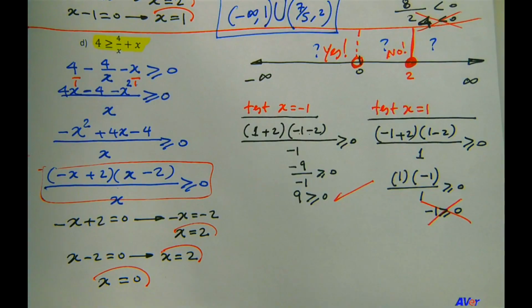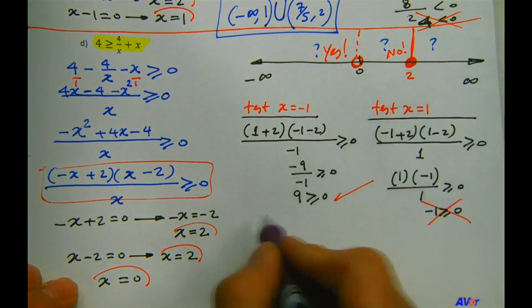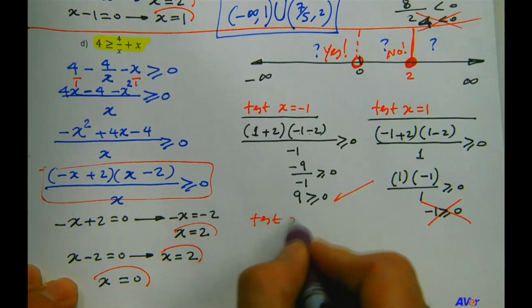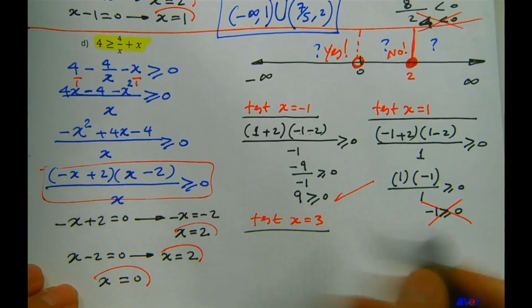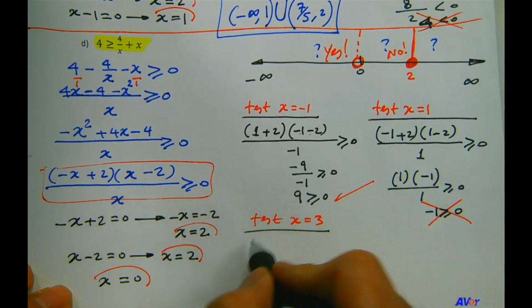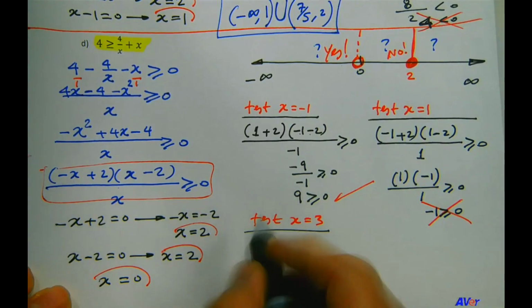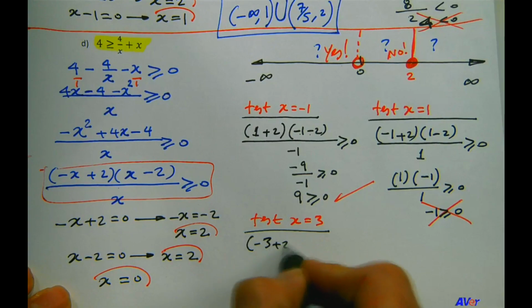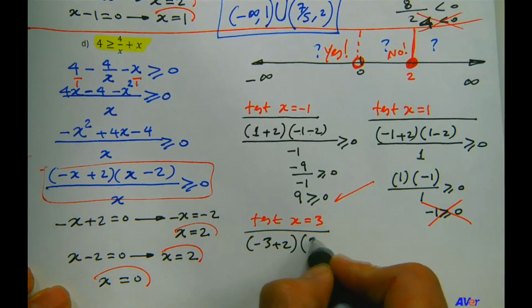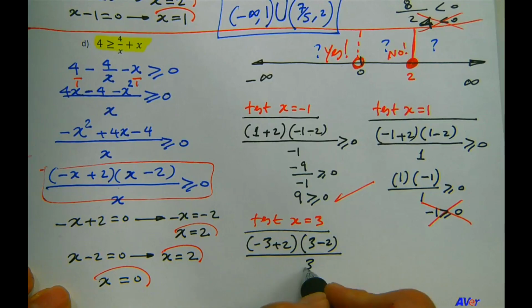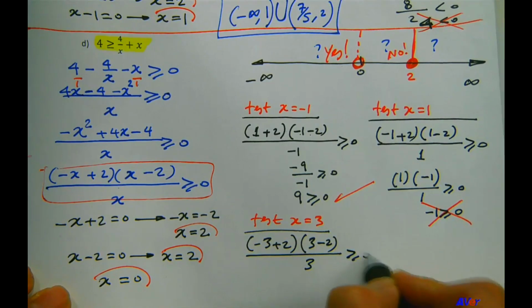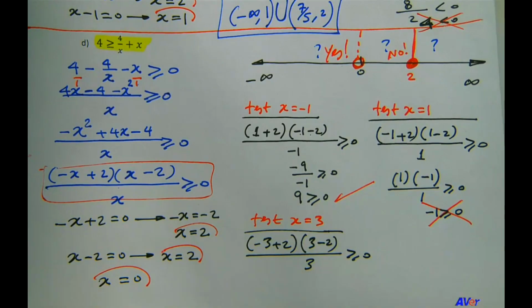Okay, let's test an easy number in this region, such as x equals 3. And we're going to plug in here. So minus 6 would be minus 3 plus 2, 3 minus 2 divided by 3, greater than or equal to 0, we want to know that.